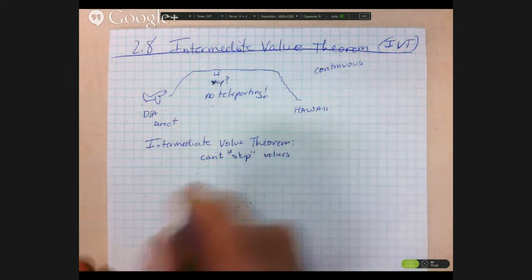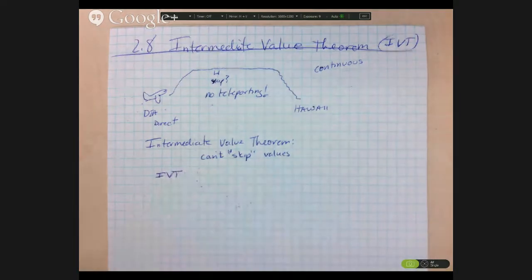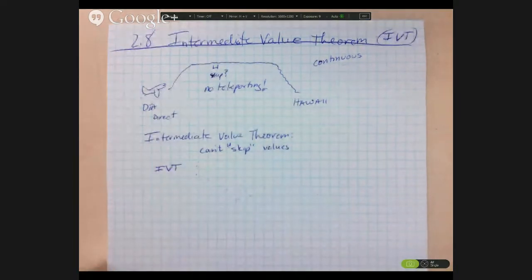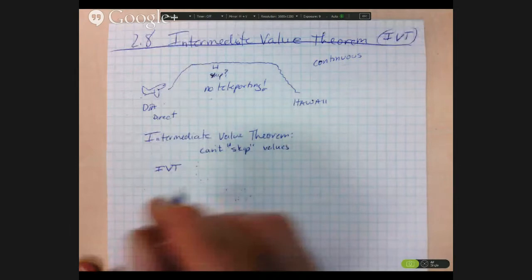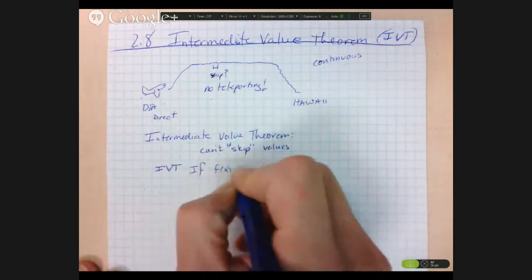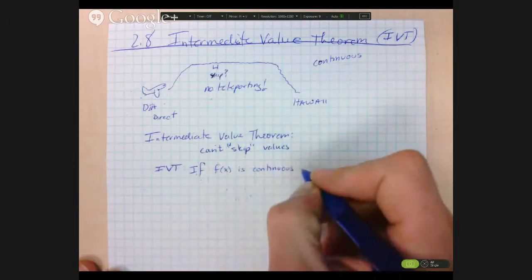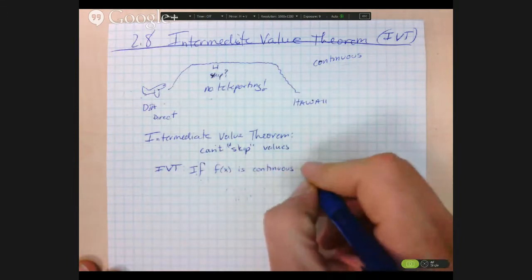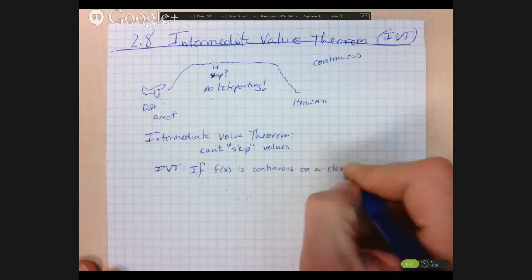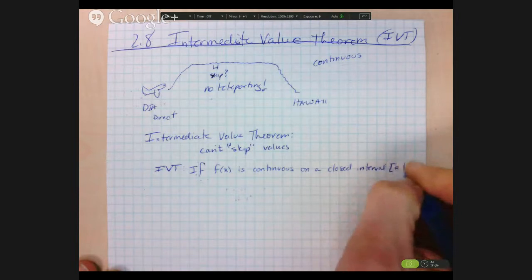Here is the actual statement. It's called the IVT. If f of x is continuous on a closed interval [a, b].